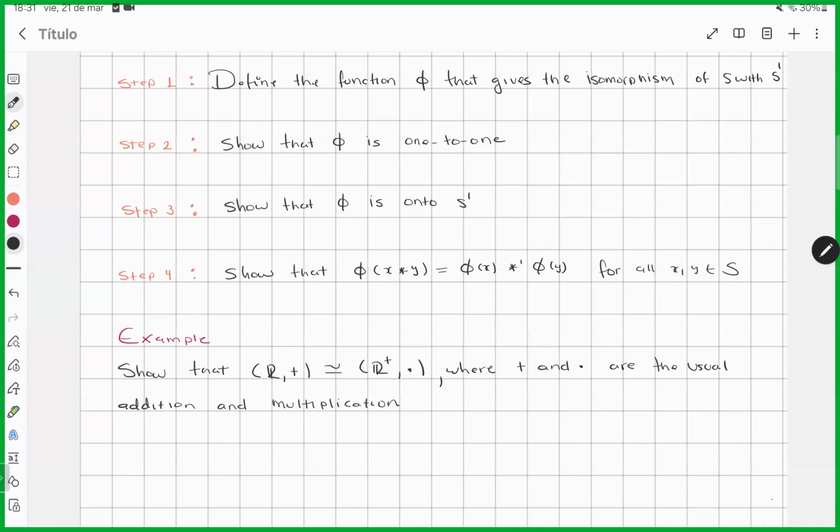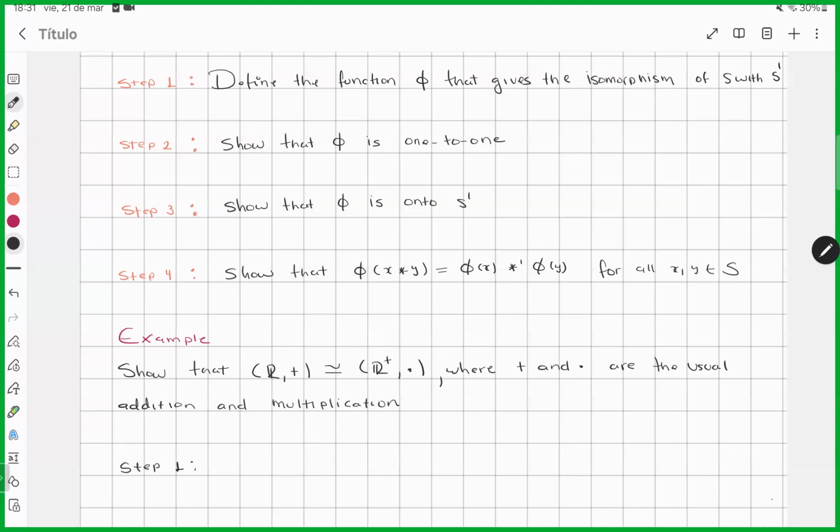Okay, so as a step one, we should define a function, right? So observe that somehow we should convert the operation of addition to the operation of multiplication.